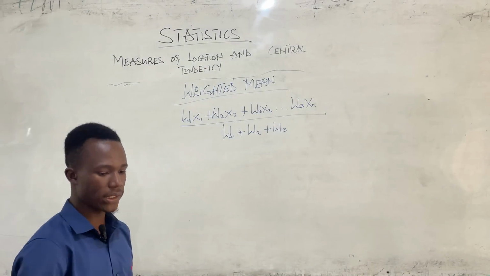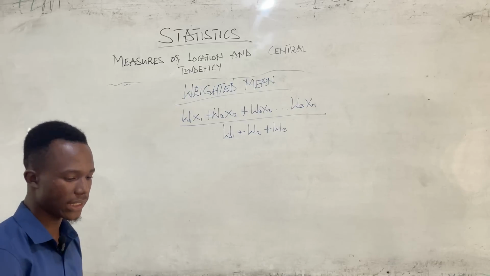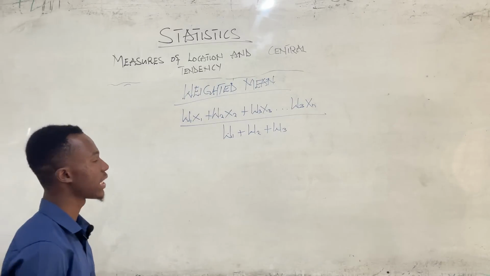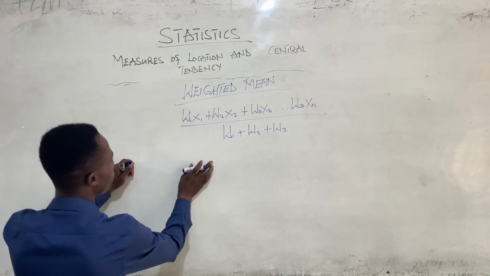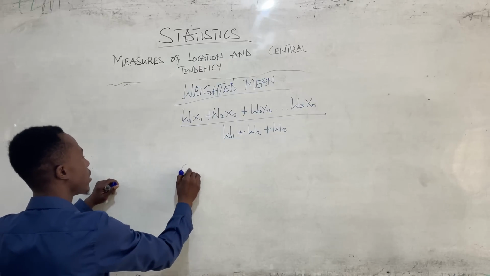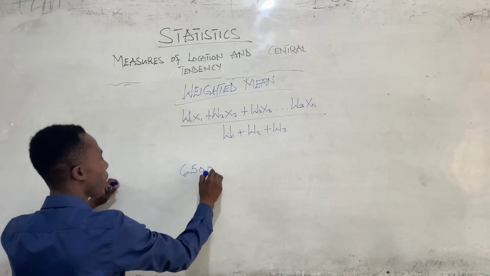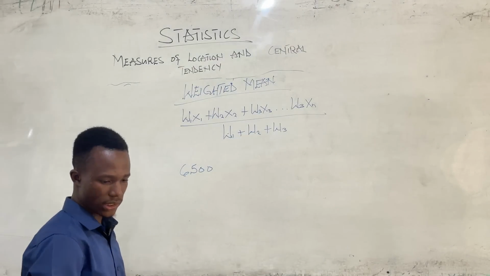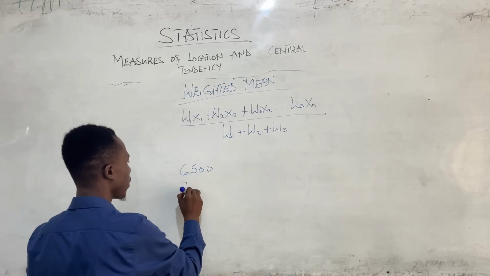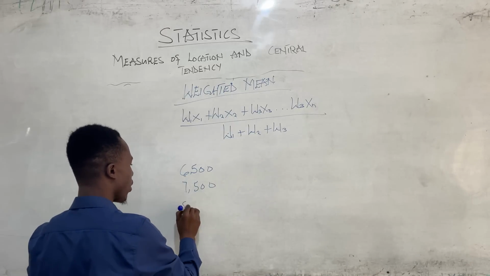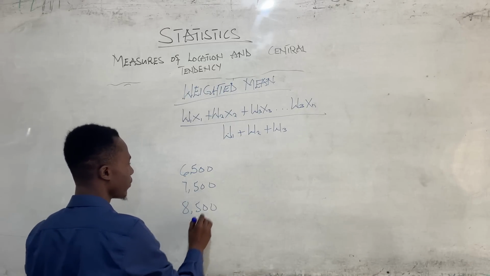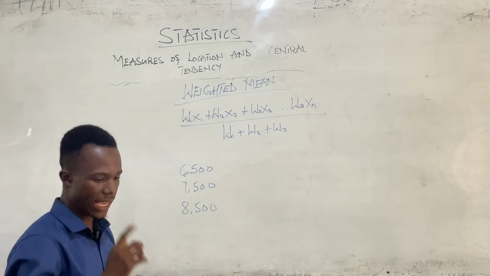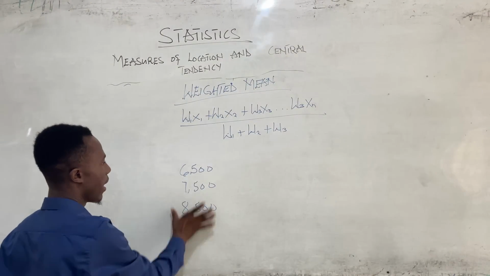We are saying the quality construction company pays its hourly employees 6,500, 7,500, and 8,500 per hour.